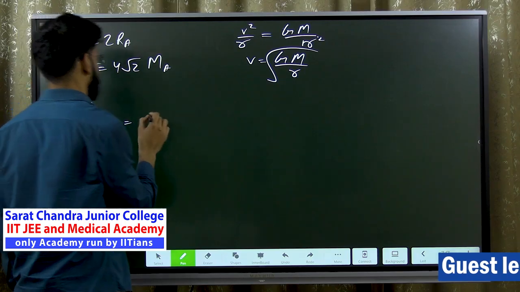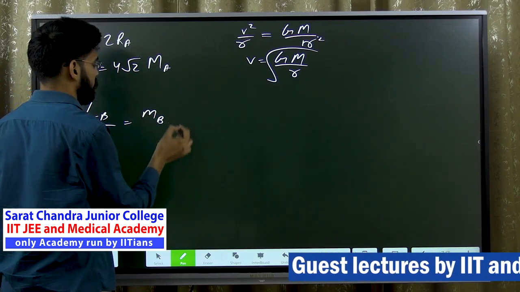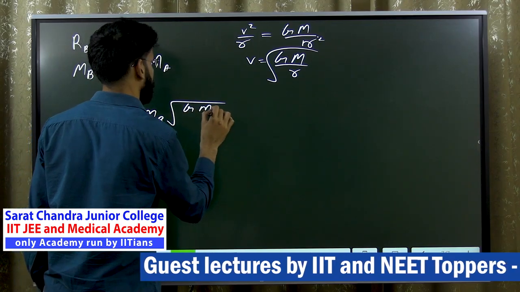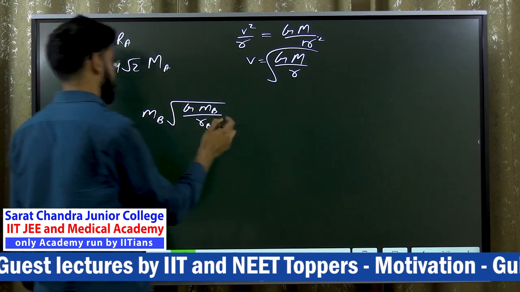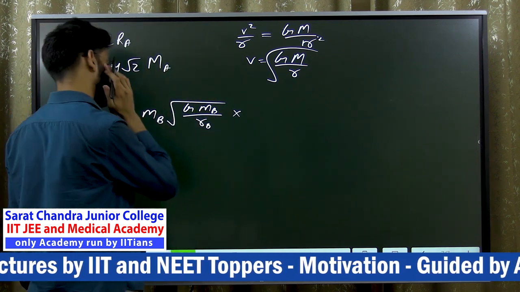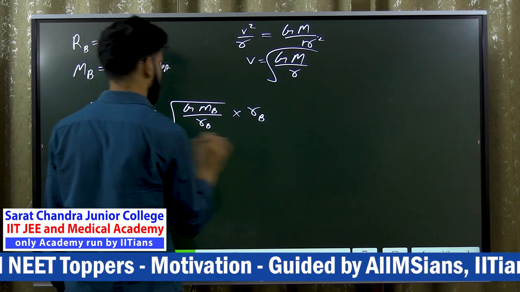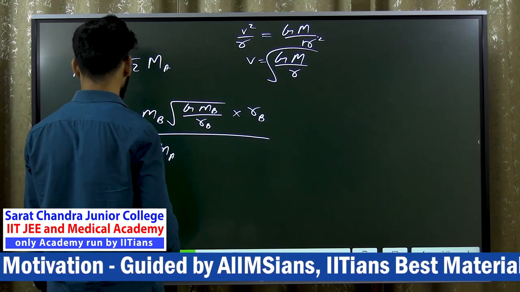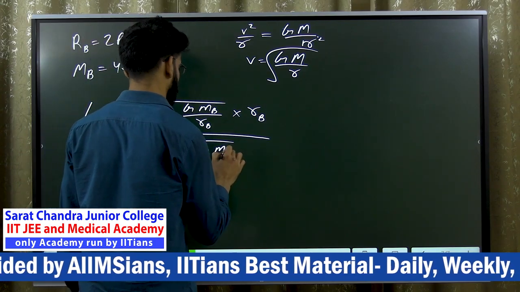So here, for angular momentum, when you write down, mass of B into under root of GM divided by RB, radius of B, into RB, MVR, right, divided by the same for A, MVR, MV is how much, GM.